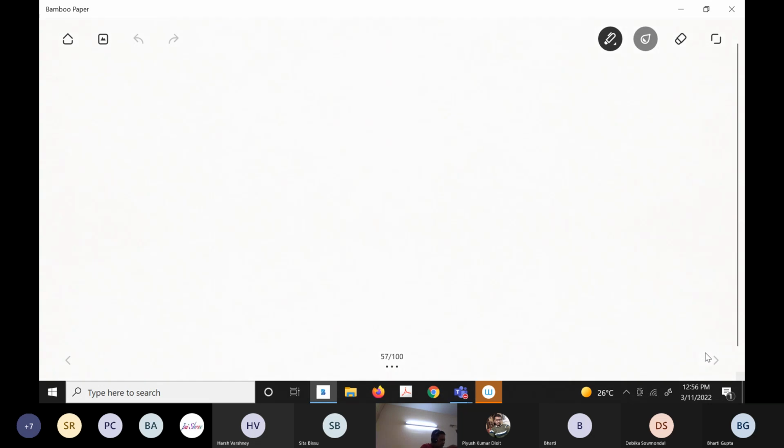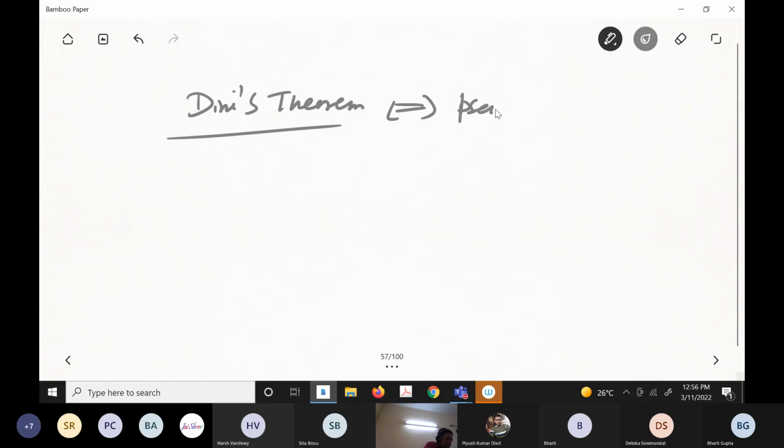What I want to tell you, the Dini theorem is actually equivalent to pseudo compactness. Let me explain. If I have the e-copy of my paper, I will upload it. Look, if X tau is pseudo compact, then Dini's theorem holds.